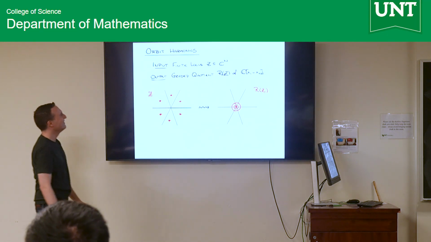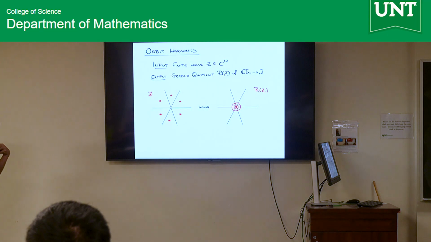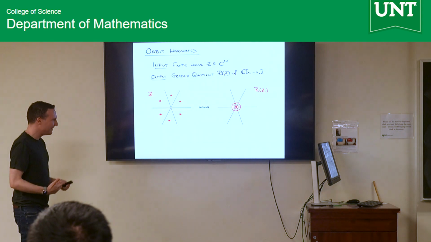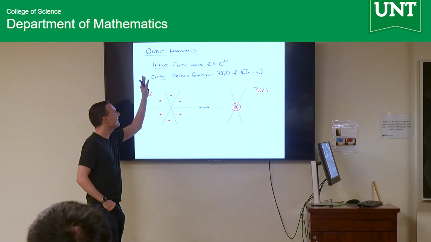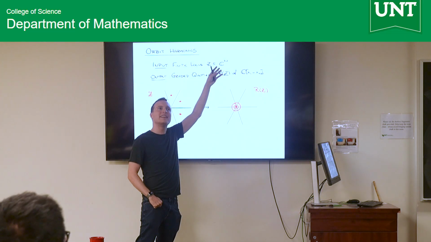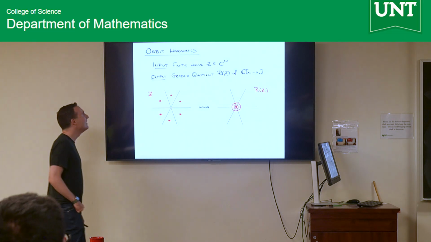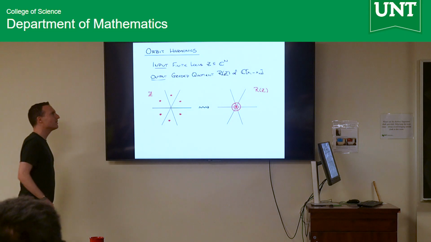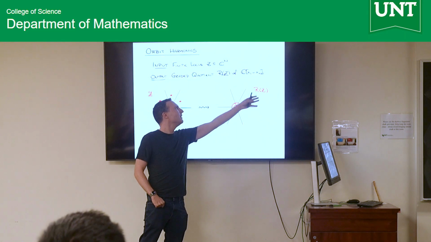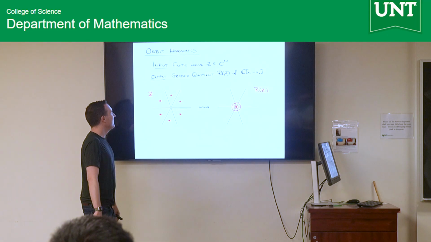Okay, so that's me. So identify my head to a single point, and you have a picture that looks like this. So orbit harmonics is a machine, and like any good machine, it has an input and an output. So the input of orbit harmonics is a finite locus Z in some affine space C^n, and the output of orbit harmonics is a graded quotient ring R(Z) of this polynomial ring in n variables.